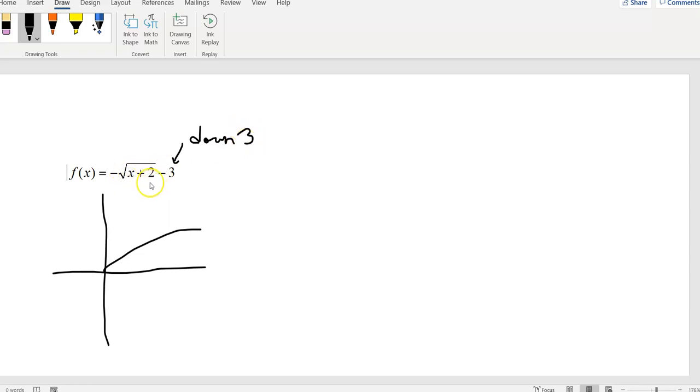Inside of the square root is our horizontal shift. Remember, that's always the opposite. So this is left 2. And then outside the front of this thing, that negative flips it across the x-axis. We call that a reflection.